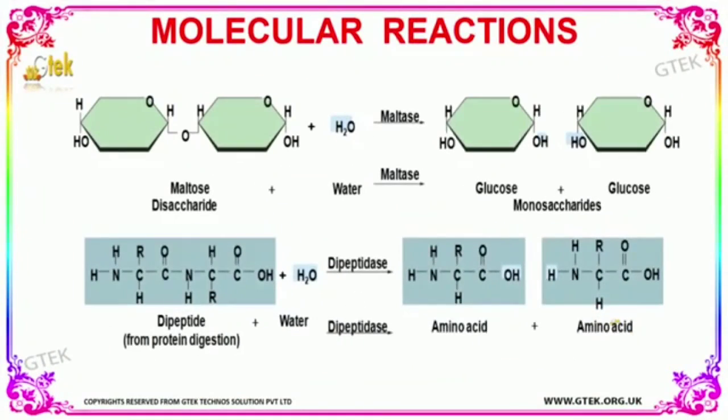Next we are going to see the molecular reactions. So the food that enters into your stomach is known as chyme, and the chyme has the food structure, that is your maltose disaccharide, as this.